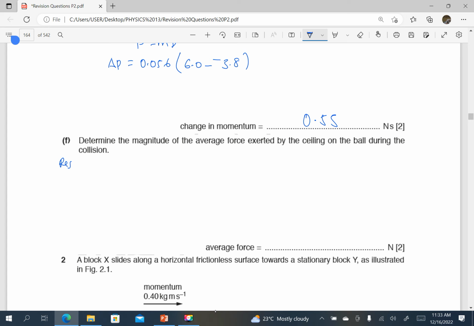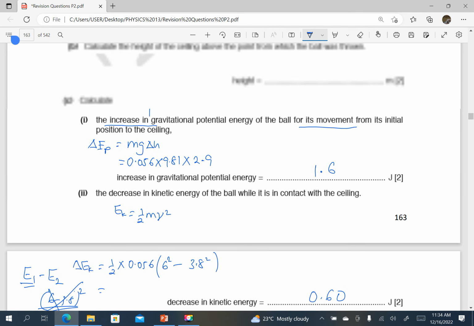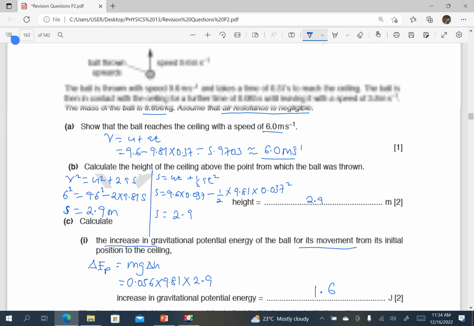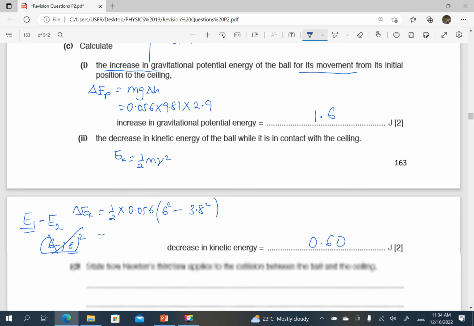So the resultant force F on the ball is equal to the rate of change of momentum, which is going to be 0.55 over the time of contact. The ball was in contact with the ceiling for a time of 0.085 seconds.